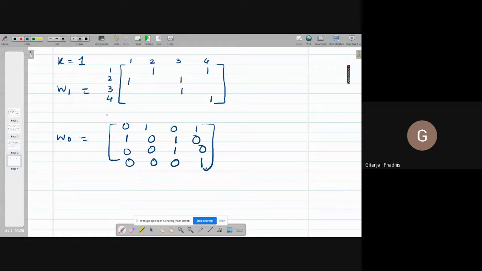Right now my k value is 1, and I want to concentrate on the first column. Look at the first column, because k is 1. In the first column, where do you find entry 1? Second row. In the first column, the second row is 1.